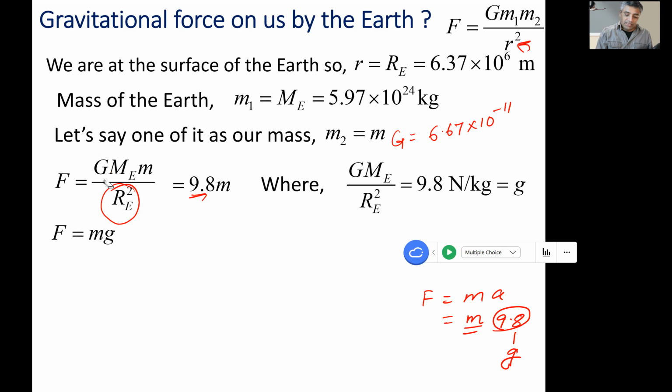So let's see. There are a couple of ways we can do it. For example, if we can estimate the radius of the Earth. These days we can go around the Earth, it's really easy.